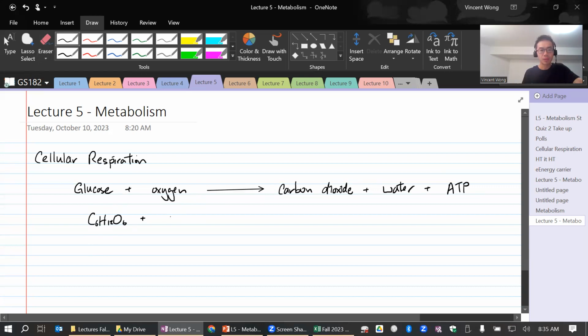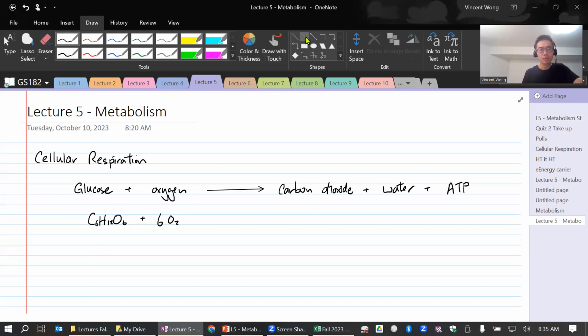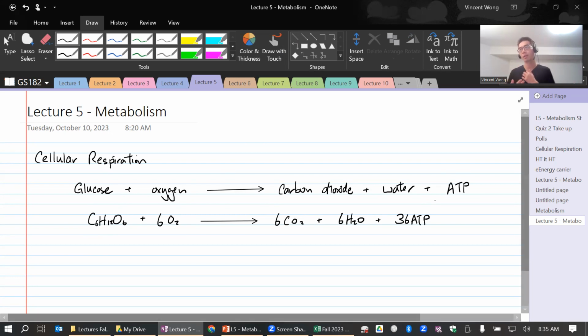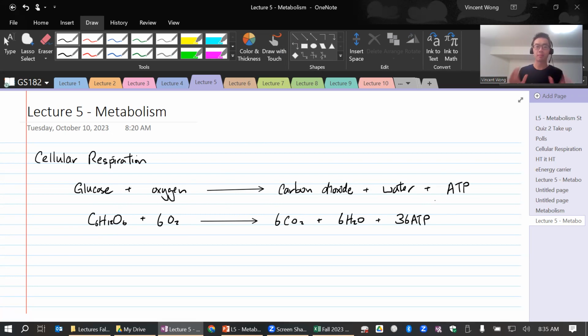So we have glucose plus 6O2. You probably learned about balancing equations at this point in chemistry, plus 6H2O and up to 36 ATP. For every glucose that your body breaks down, for every glucose that your body metabolizes, you can produce up to 36 ATP under ideal conditions. Do you always get 36? Probably not, but ideally, you would be able to get as many as 36.